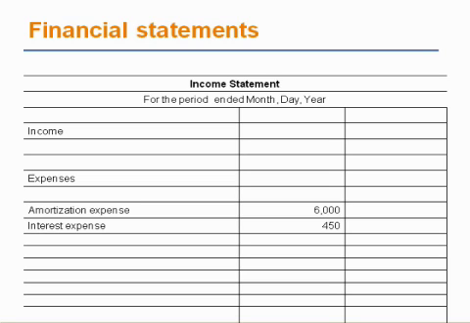So in our trial balance, we had an amortization expense balance of $6,000 and an interest expense of $450, and those amounts are carried over to our income statement, showing the activities during that period. Once again, our income statement would start with the title of the company at the very top of the page.